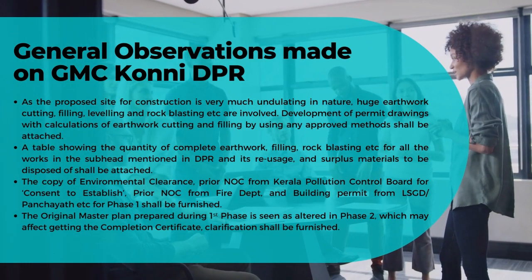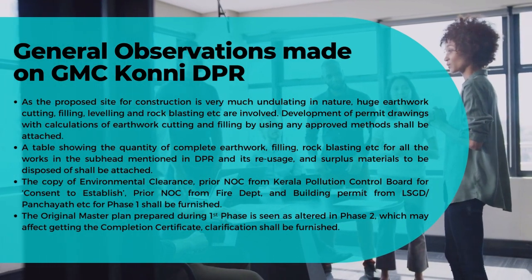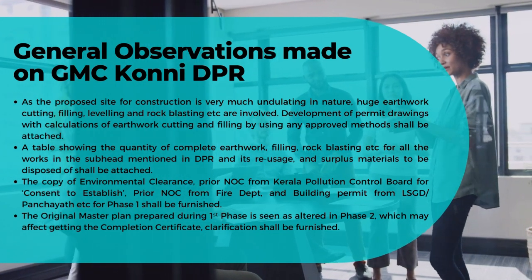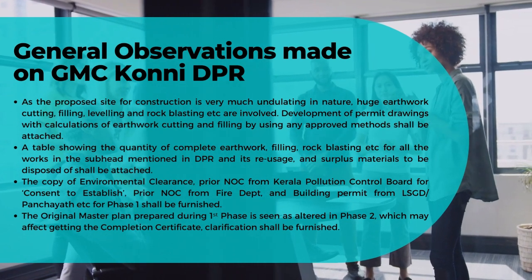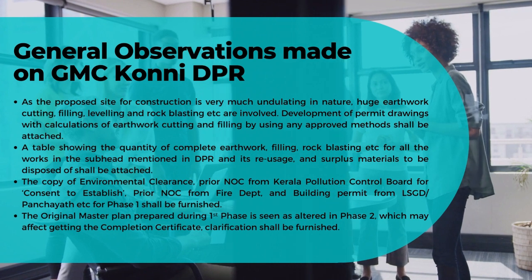As the proposed site for construction is very much undulating in nature, huge earthwork cutting, filling, leveling, and rock blasting, etc. are required. Development of contours with calculations of earthwork cutting and filling by using any approved method shall be attached.